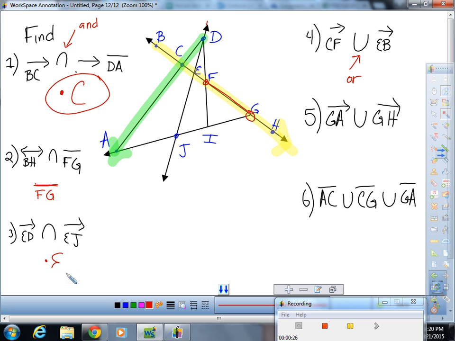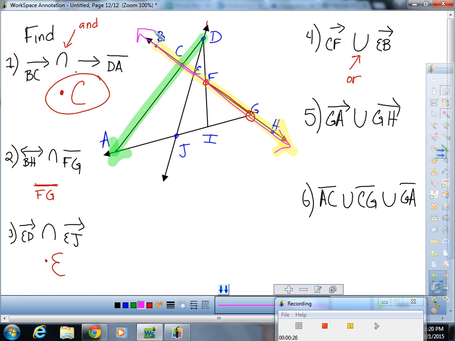Okay. What about number 4? What are the points that are on ray CF or, so CF is going to be all of these. Okay, ray CF. Or, so I'll keep my font pink, or on EB. Well, you'll notice that makes a line.